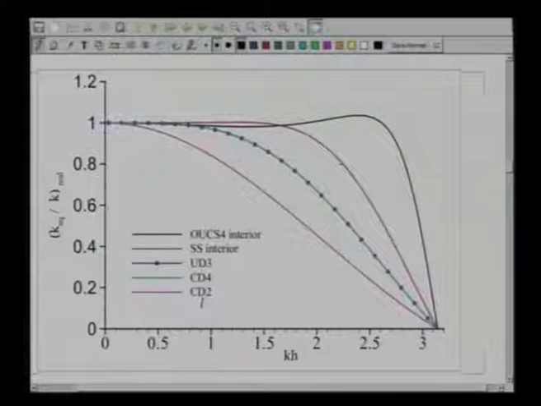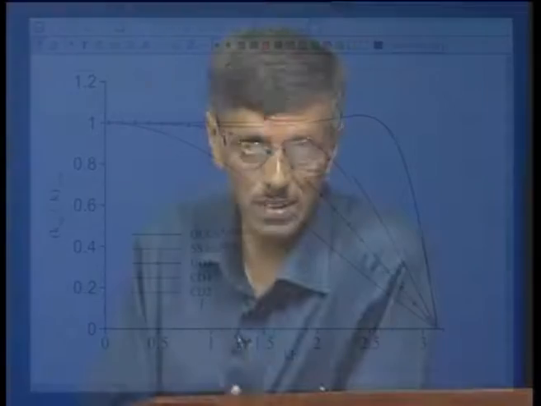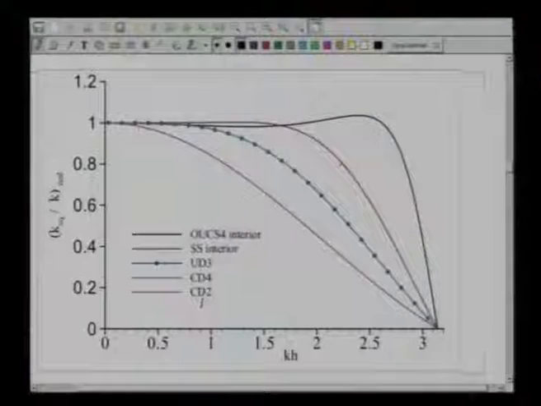And that is what we mentioned, that you should not focus your attention in the physical plane, instead you should look at the spectral plane, and that is what we are seeing. In the k plane, this nominal 6th order scheme performs better than an 8th order scheme, and this is basically an explicit scheme.